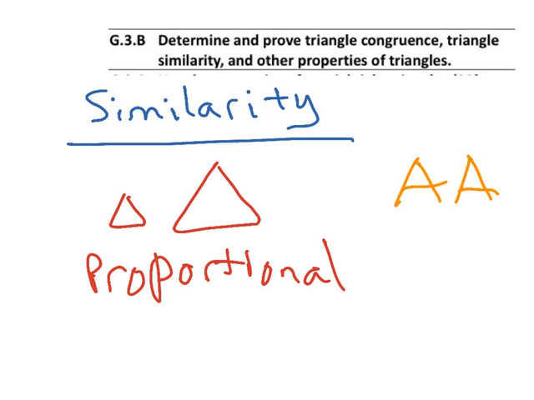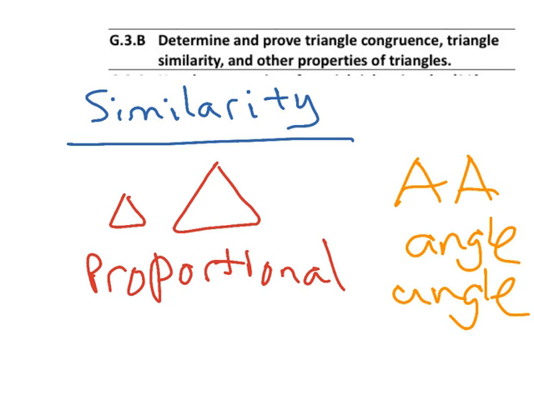And for similarity, the one more is called AA, which stands for angle-angle. Basically what that says is if there are two angles in two different triangles that are congruent, then the two triangles are similar. That leads you to be able to say that they're proportional and whatnot.